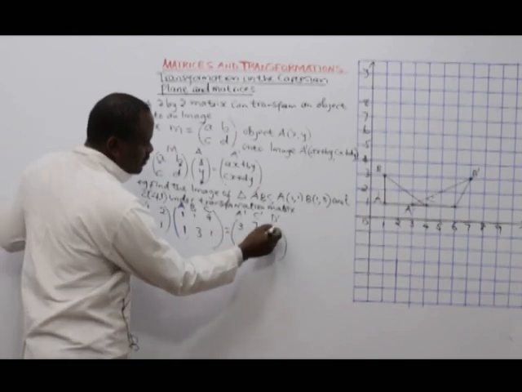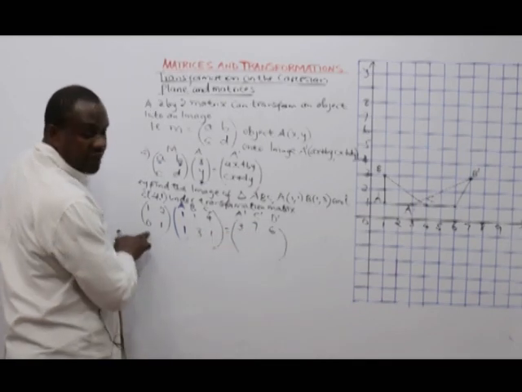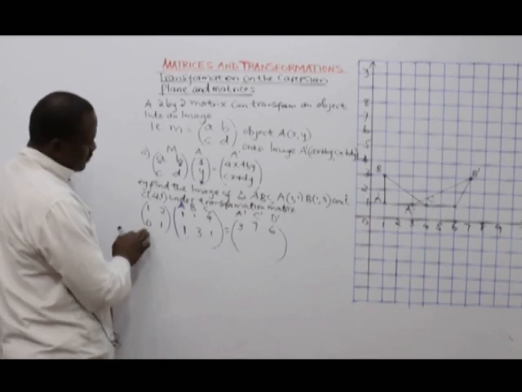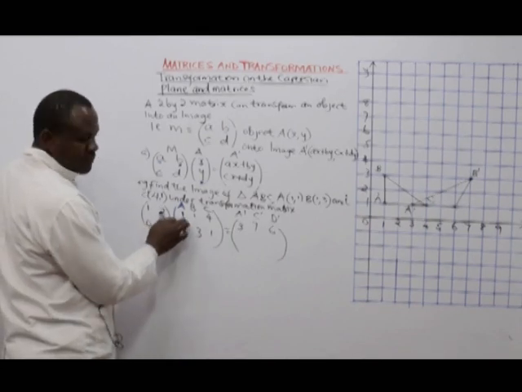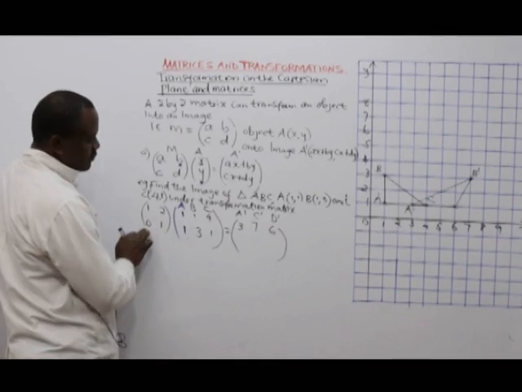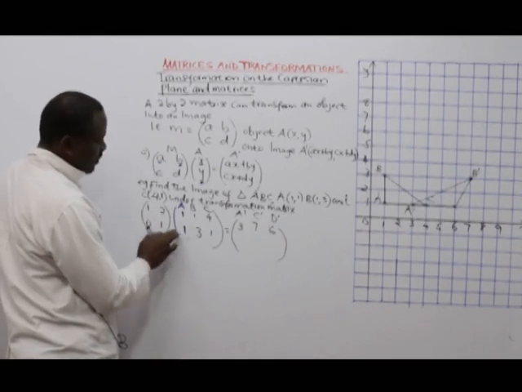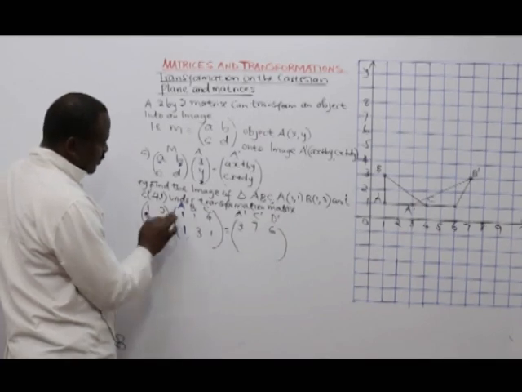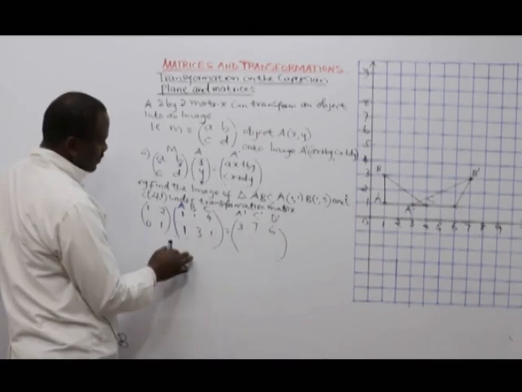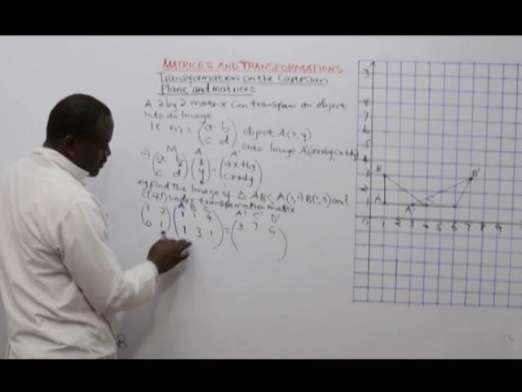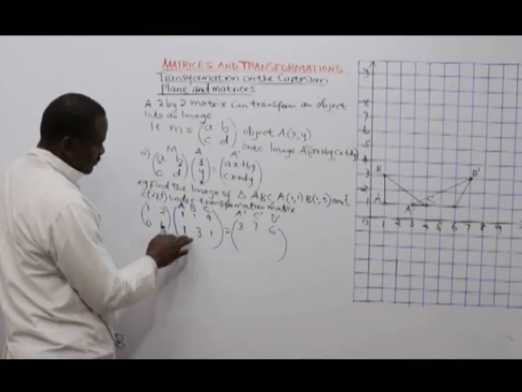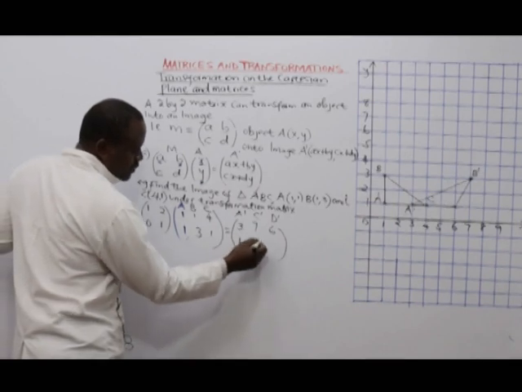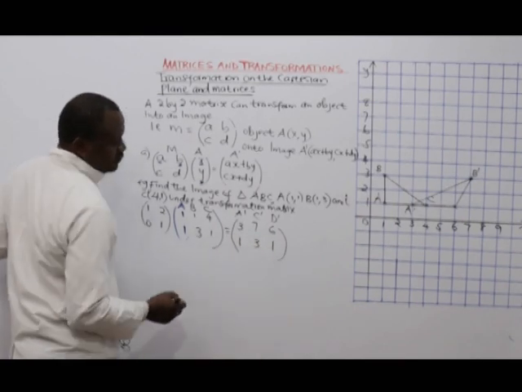Now, here it's very easy because the top values are multiplied by 0 and the bottom ones are multiplied by 1. So what happens is that the values up there will all be zeros and the ones down will be multiplied by 1. So they will remain the same, 1, 3, 1.